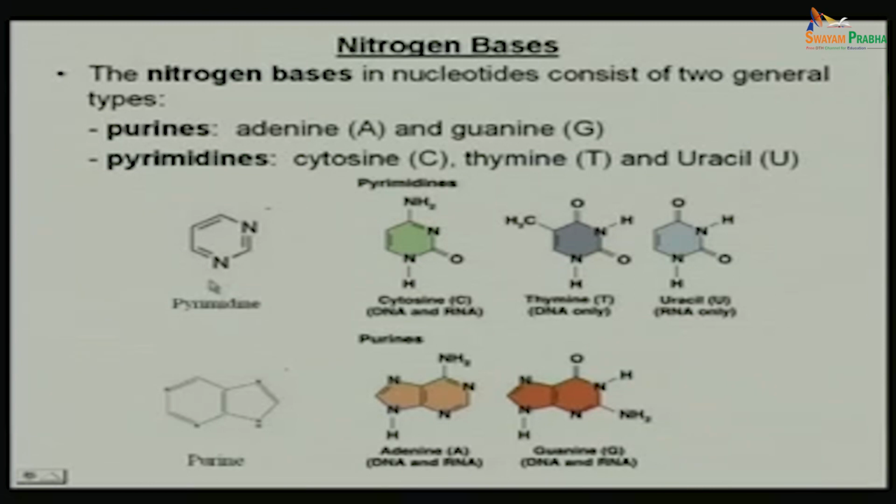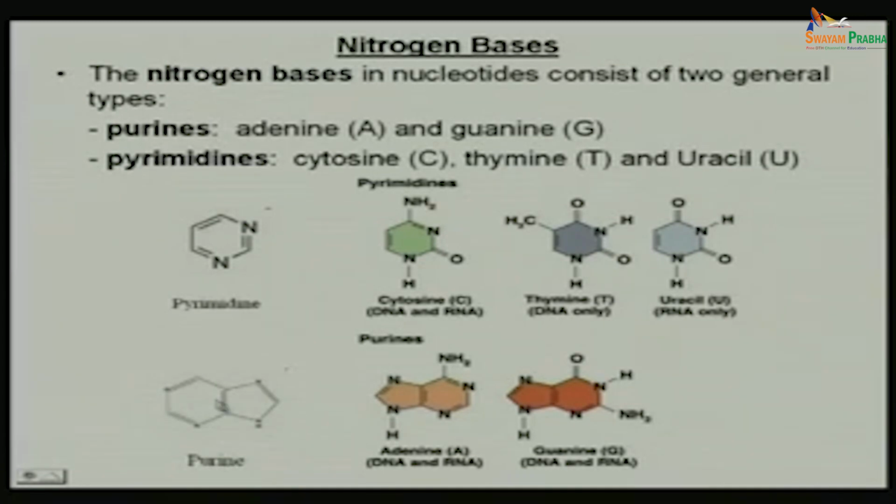It has three main derivatives: cytosine, symbolized as C, thymine, T, and uracil, U. When an imidazole group is attached to this heterocyclic nitrogen-containing ring, it forms the purine.